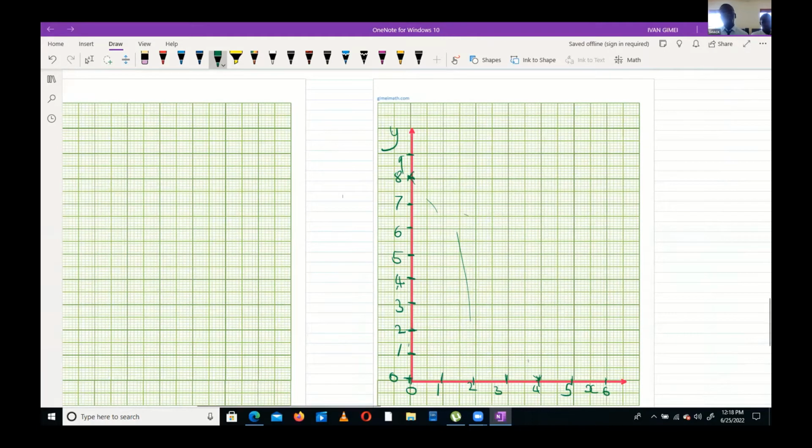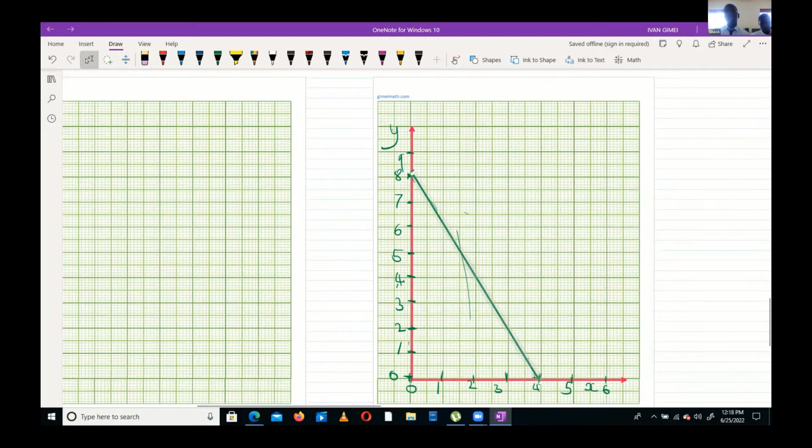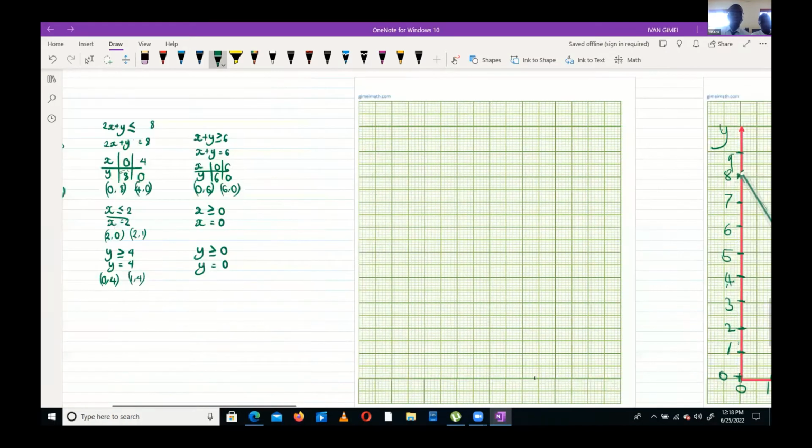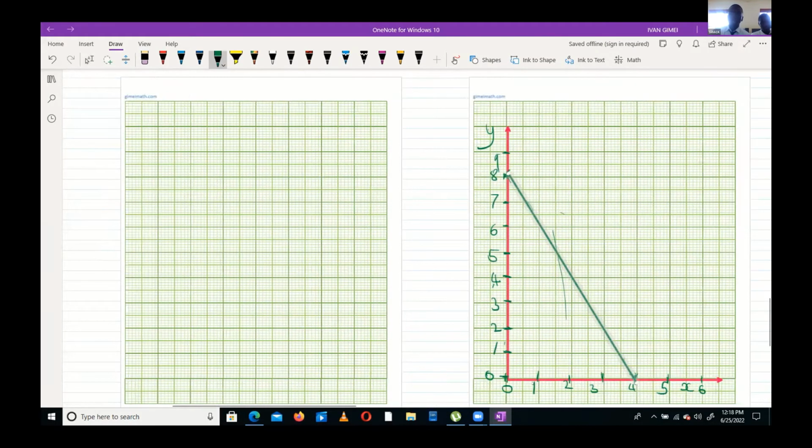So there we'll have to draw a line. You connect the 2 points to each other and you label the line 2x plus y less than or equal to 8.